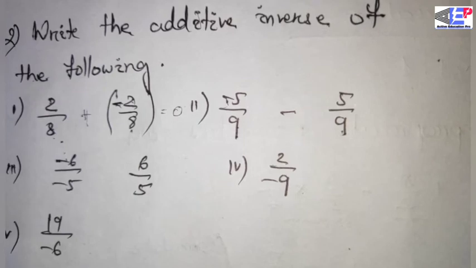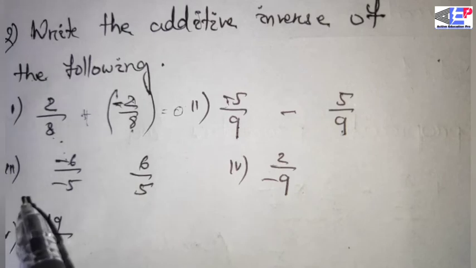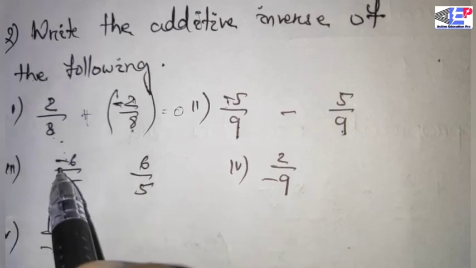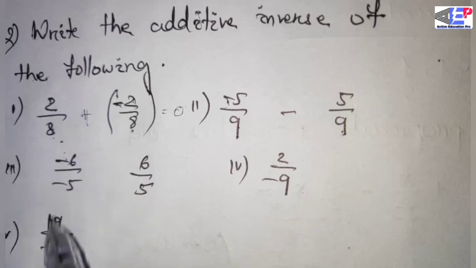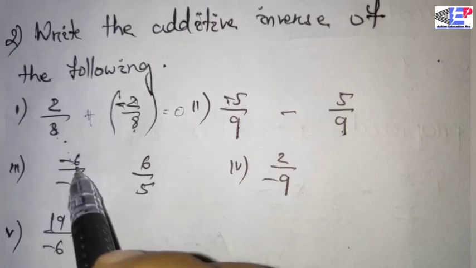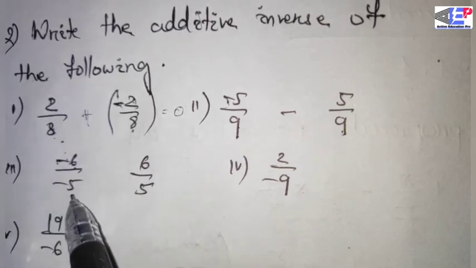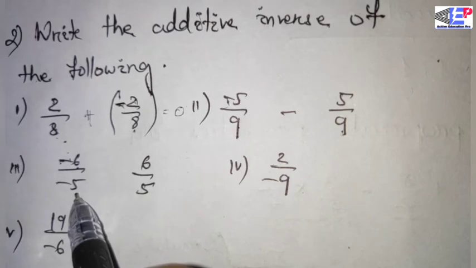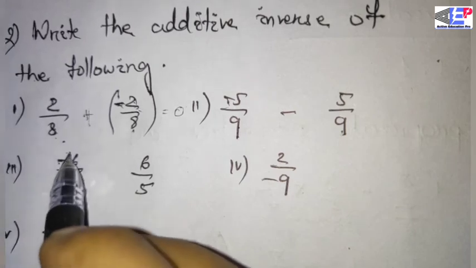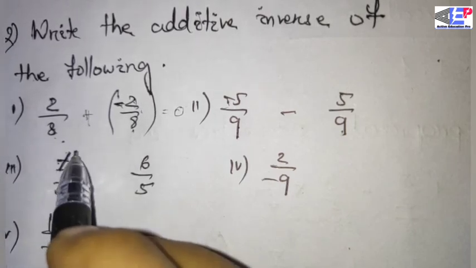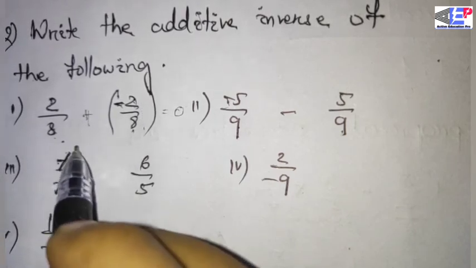Here in this third case, the answer is not 6 by 5, because see here, there are minus marks in both the numerator and the denominator. 6 is the numerator, containing a negative sign. 5 is the denominator, containing a negative sign. So just cancel the negative marks of both of these. Then your rational number is a positive number.